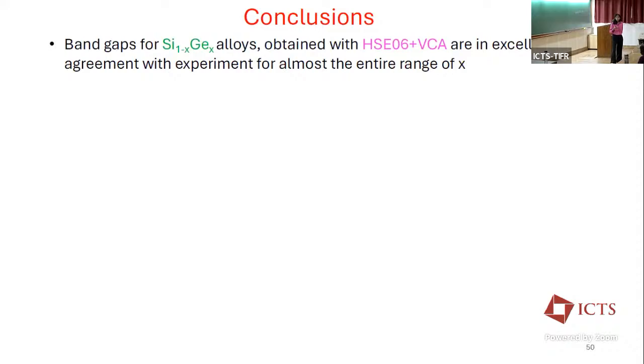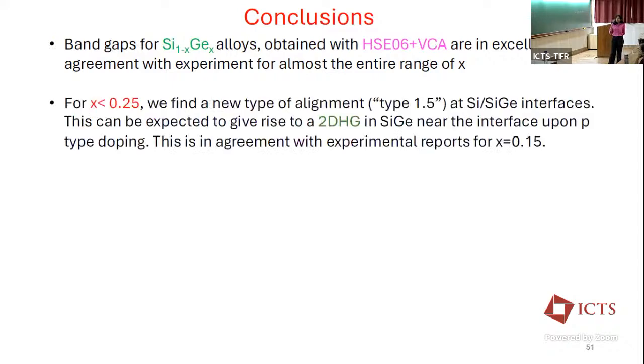So I conclude. We have found that the band gaps of silicon germanium alloys obtained with HSE06 and virtual crystal approximation are in excellent agreement with the experiment. Then for less than 0.25, we have found a new type of band alignment, as I have explained. This is expected to give rise to a 2D hole gas, and this is in agreement with the experimental reports.